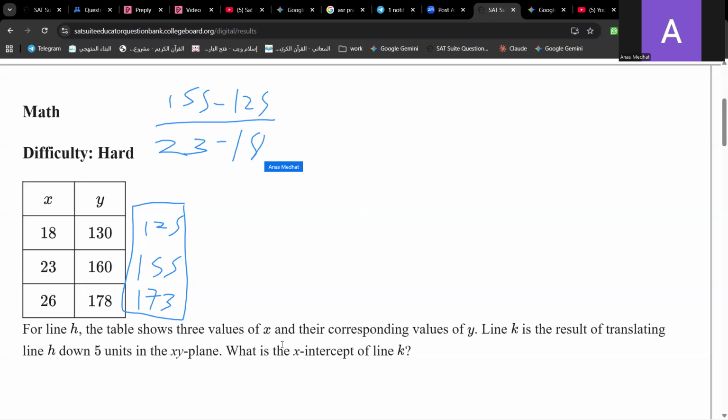It will be 30 over 5, which is 6. So the slope is 6x plus b. Now we need the y-intercept. Let's get the y-intercept by substituting one of the points.